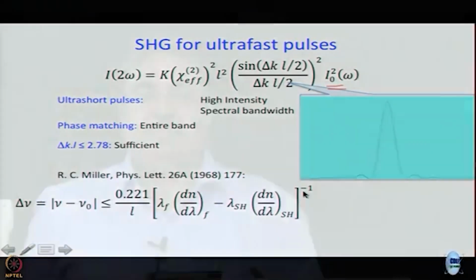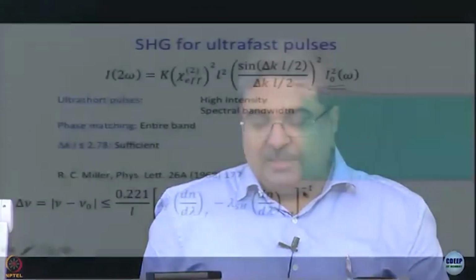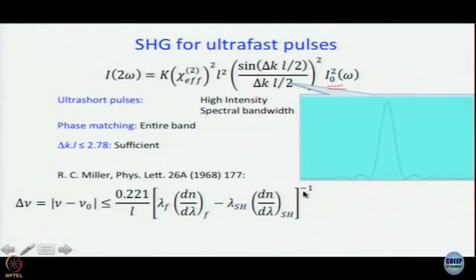What is dn d lambda? What is n here? Refractive index, right? And we know that refractive index is a function of frequency. dn d lambda is the rate of change of refractive index with respect to wavelength, that is all, okay, gradient. So, this is what it is.